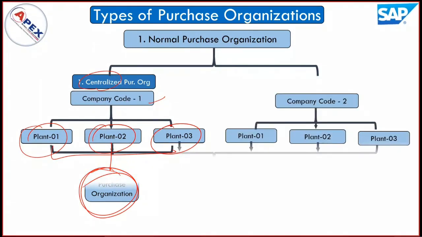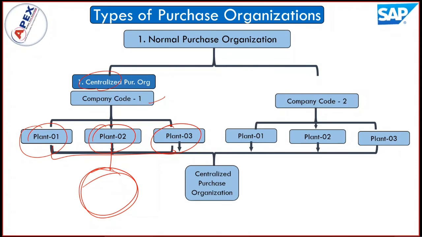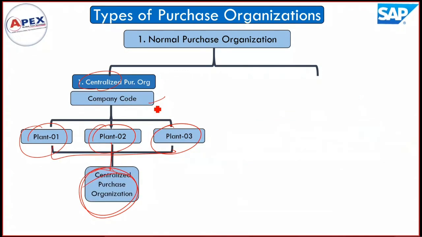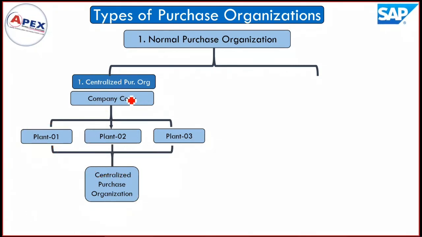Apart from this, I have shown you that for one company code with multiple plants, we can have one purchase organization.